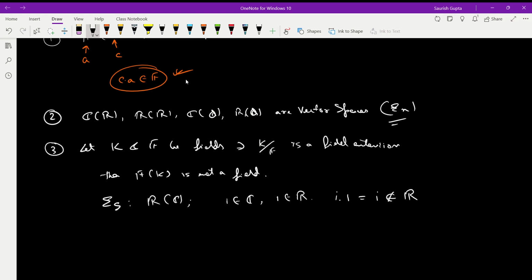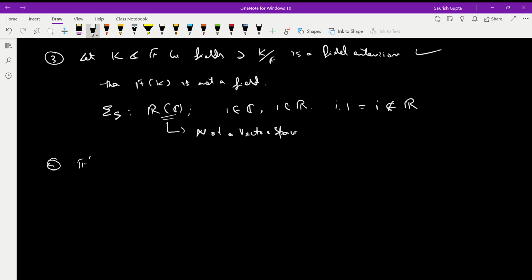But i dot 1 is nothing but i, and i is not an element of R. It's the imaginary number, iota. It's in C only, right? Therefore, scalar multiplication closure does not hold for this set, so it's obviously not a vector space. So you should have an idea why this happens. Got it?